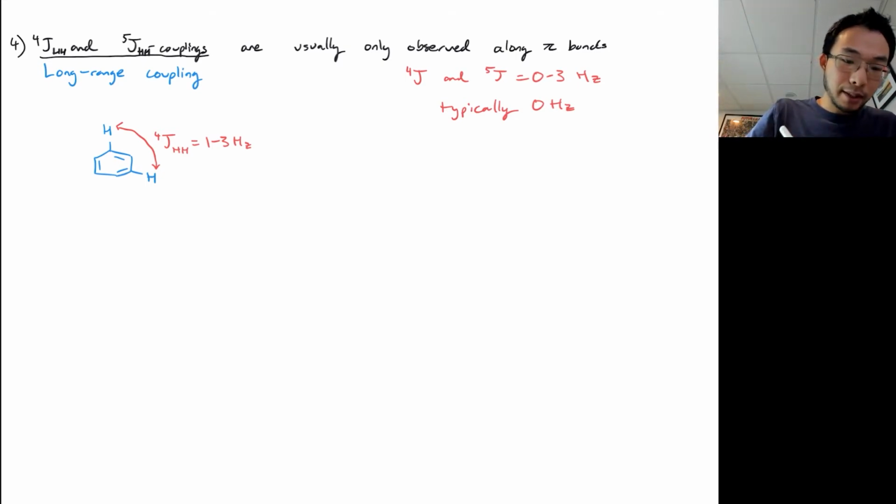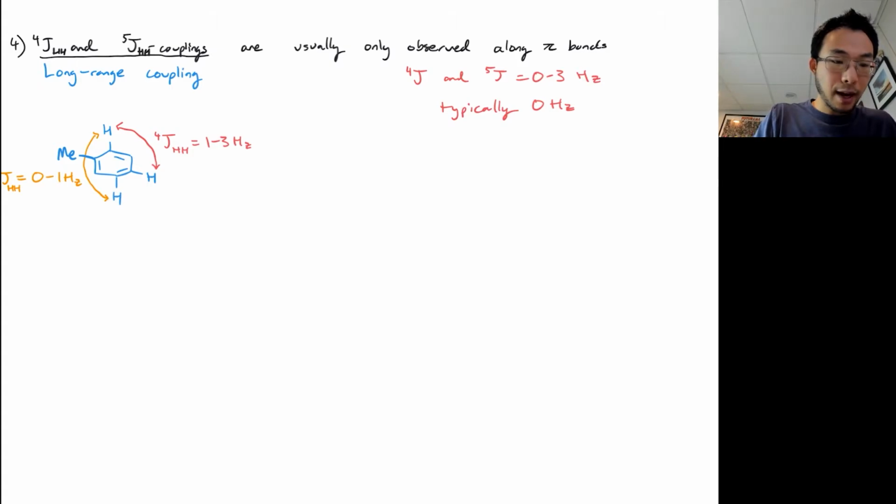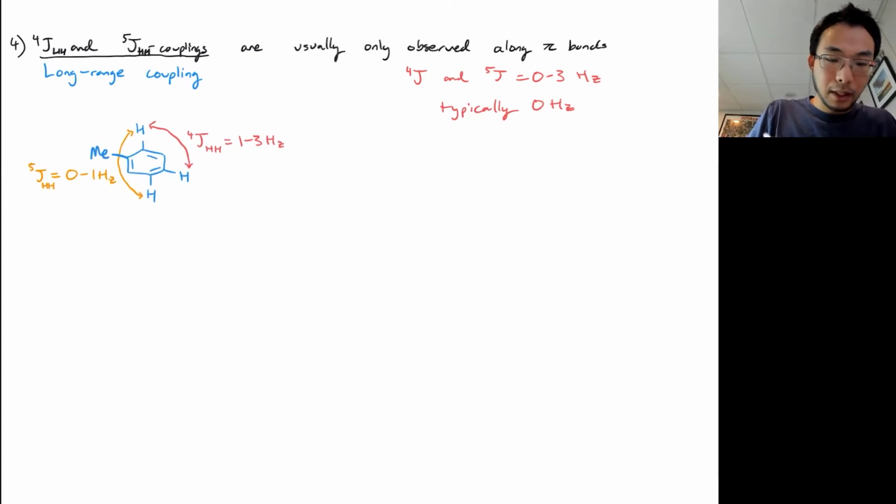But I should put something here to make them not equivalent so that we do see a coupling. If we look at the 5-bond coupling now, 1, 2, 3, 4, 5, that's very small. Usually it's between 0 to 1 Hertz, so often not observable.